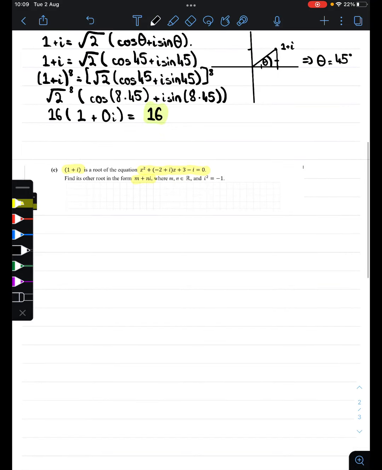So let's just get to writing down the points of interest. So here's our equation, z squared plus (minus 2 plus i) z plus 3 minus i equals 0. And we know that 1 plus i is a root of this.